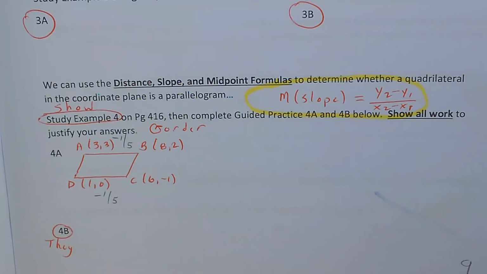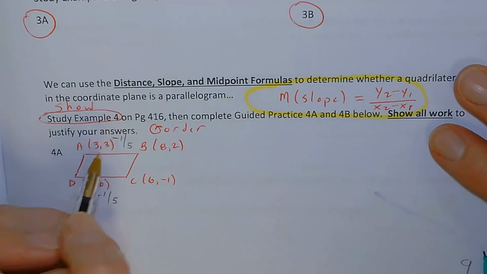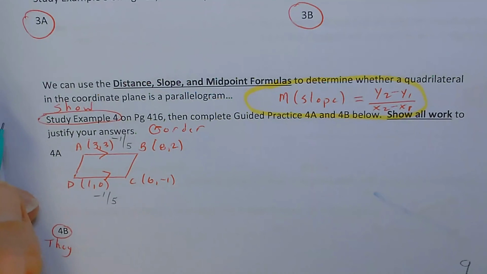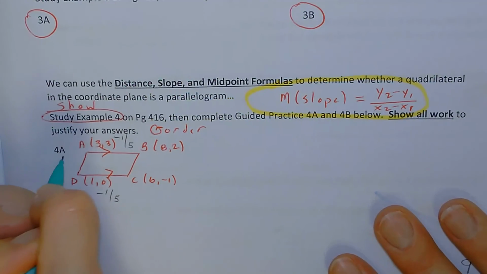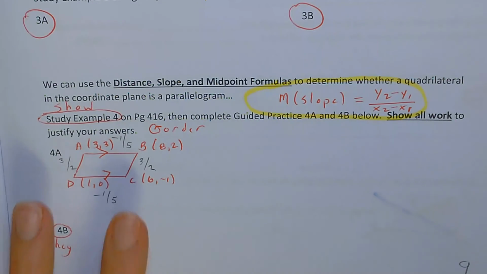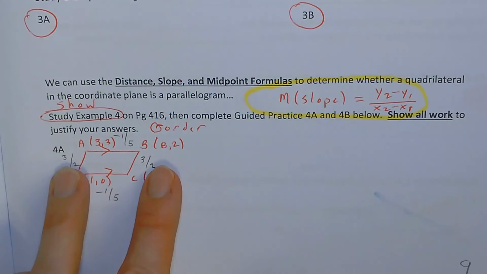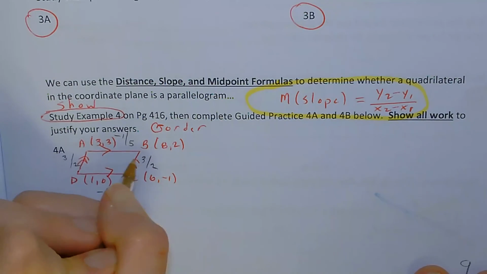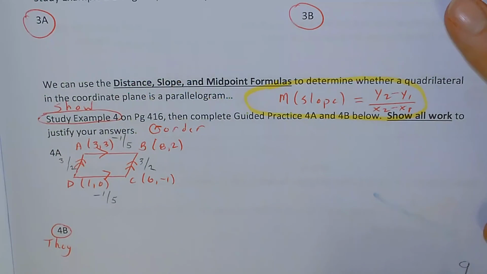What do you think is true about 2 slopes that match? They will be parallel. So these are parallel. Now I'm going to give you the slopes of the other 2 sides. So this one is 3/2, and this one's 3/2. What do you think is going to be true about those opposite sides? They're going to be parallel to each other as well. So do you think this is a parallelogram?